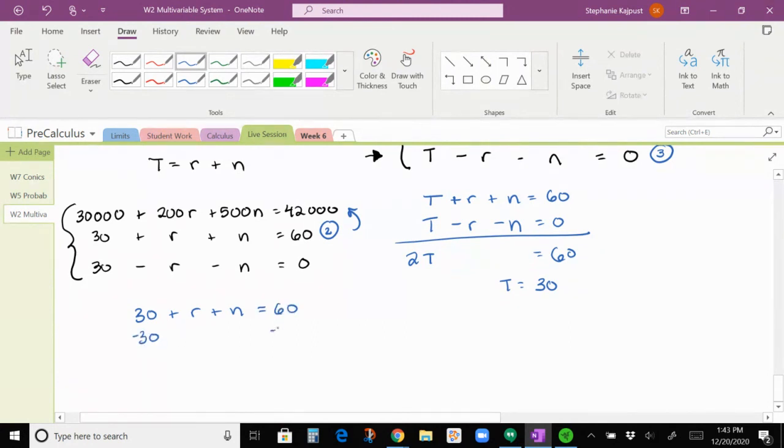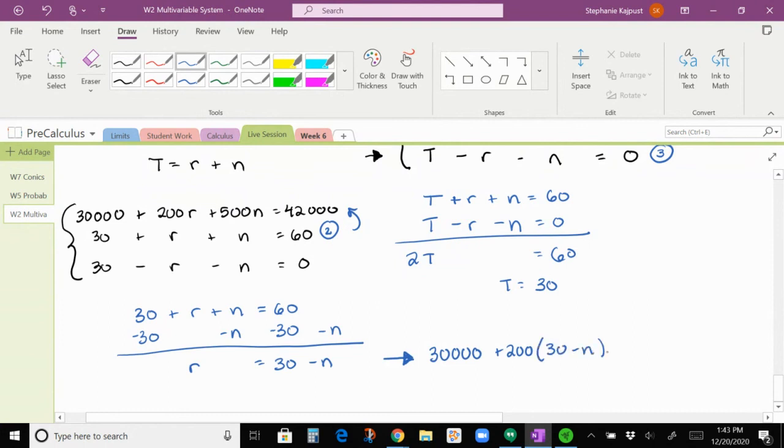So that means I'm going to subtract 30 from both sides and subtract N. So we have R equals 30 minus N. And then I'm going to replace that in equation 1, where we have 30,000 plus 200 times R, which is 30 minus N, plus 500N equals 42,000.